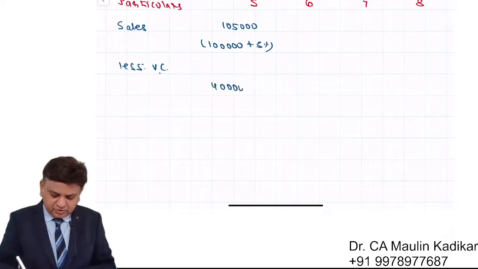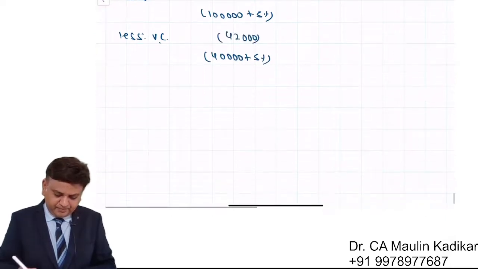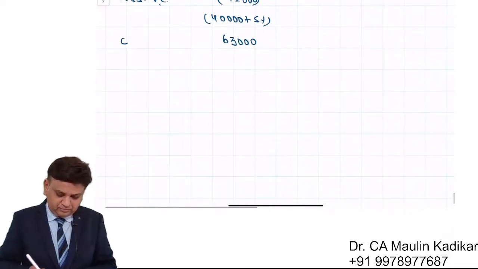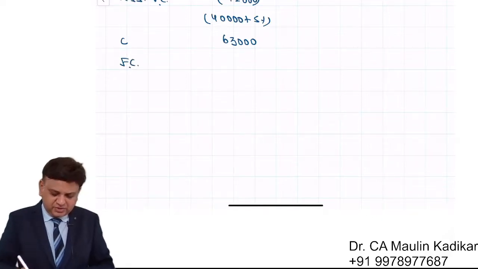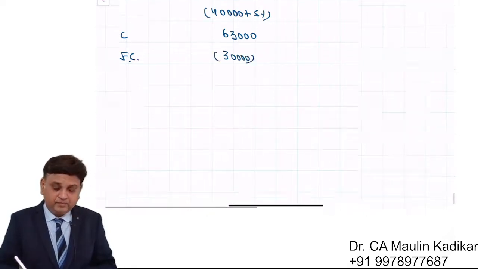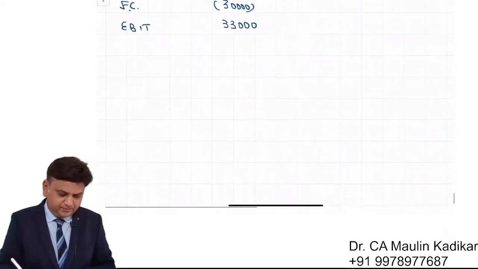This 40,000 will also increase by 5%, so it is 42,000. Difference of both of them is contribution, 63,000. Amount of the fixed cost is 30,000. So EBIT is 33,000.